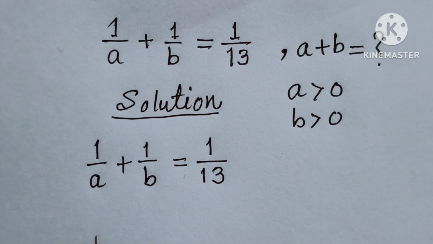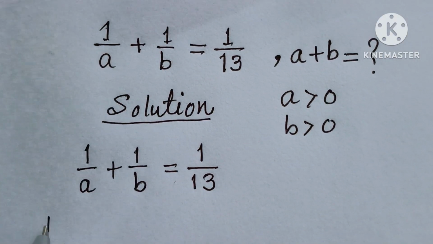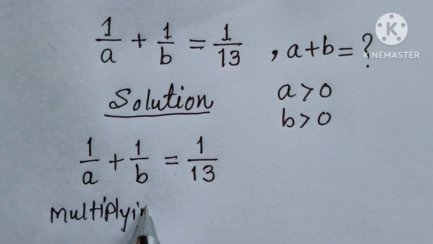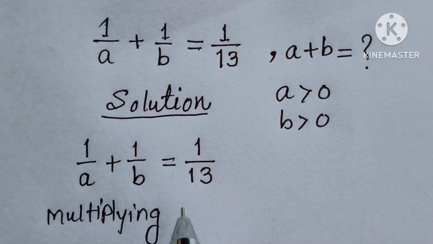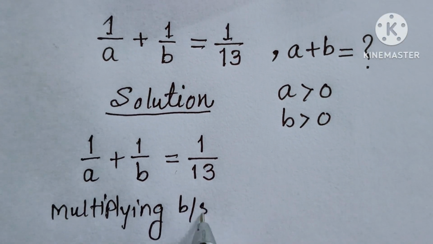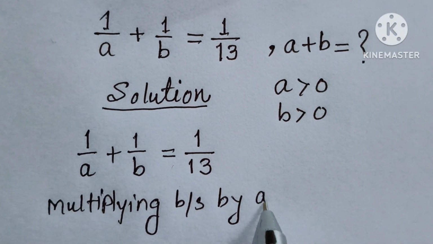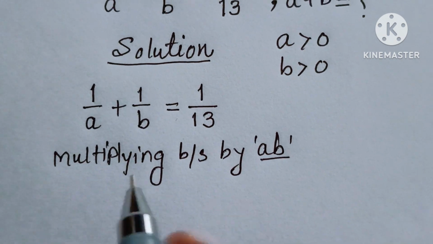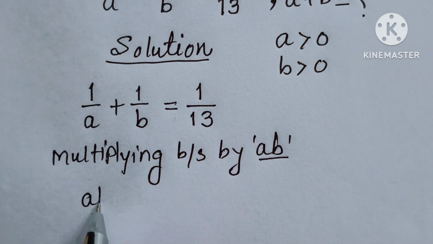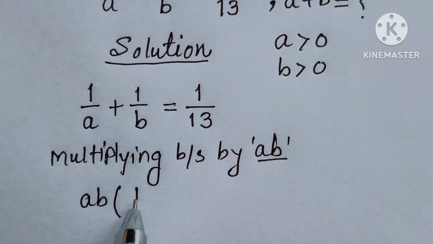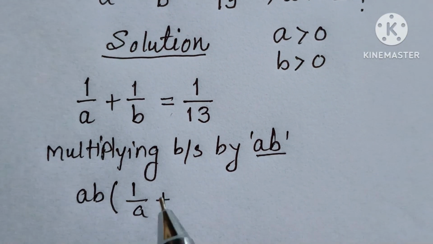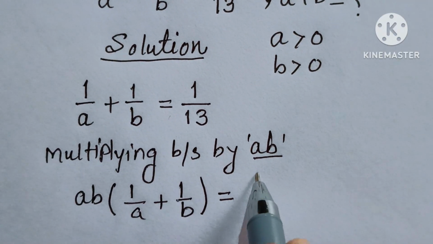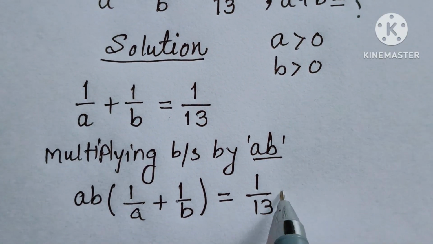Now multiplying both sides by AB, we get AB in bracket 1 upon A plus 1 upon B equal to 1 upon 13 into AB.